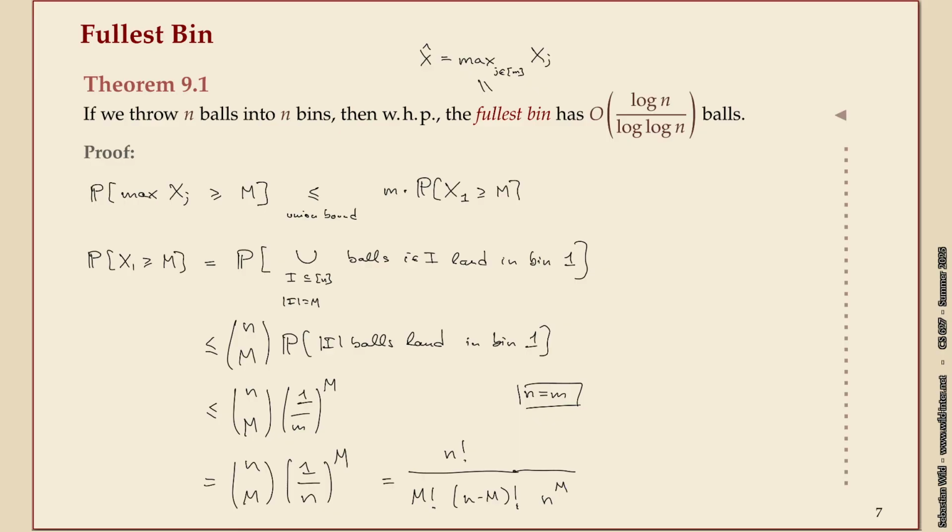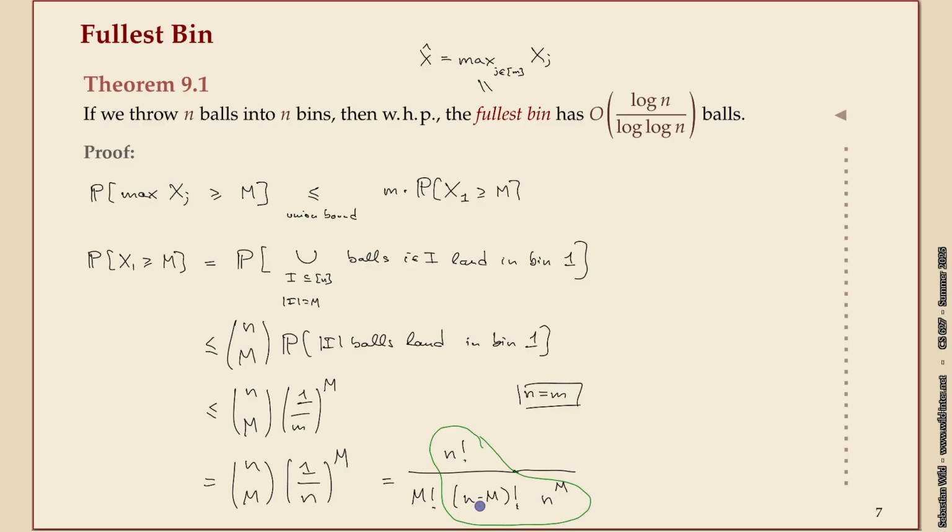Now if you look at a bunch of terms, there's an n factorial up here, and there's an n minus m factorial. So the largest terms are missing, but then we have the largest term up here m times. So the denominator will be strictly bigger, right?